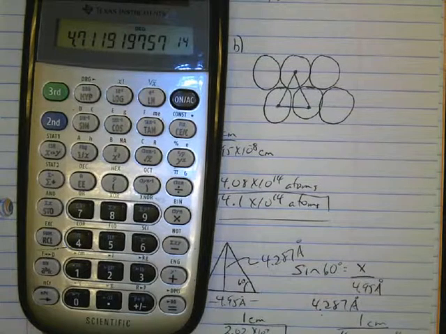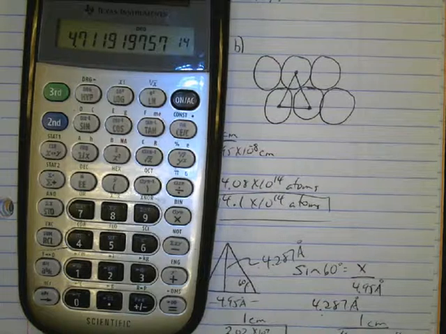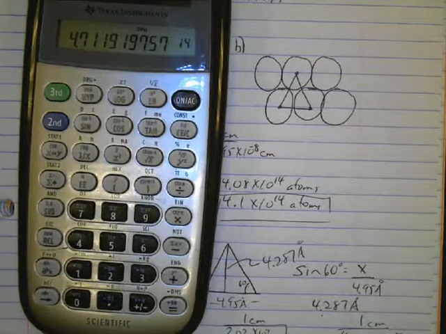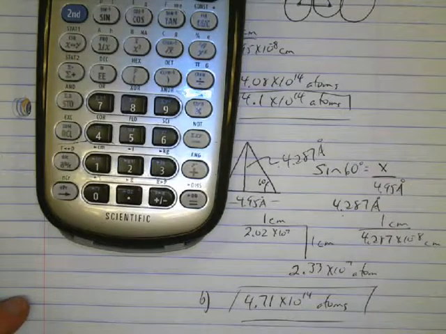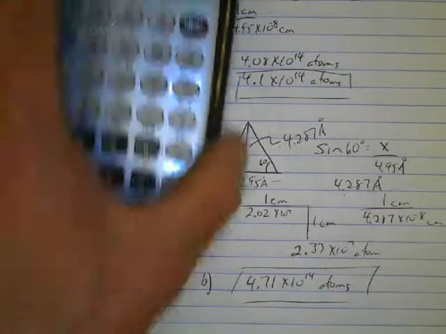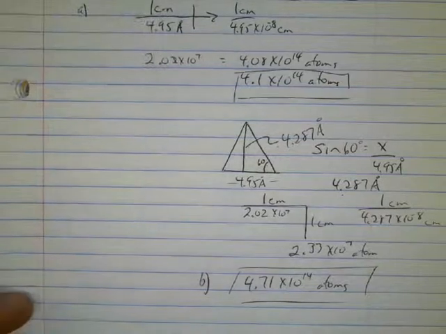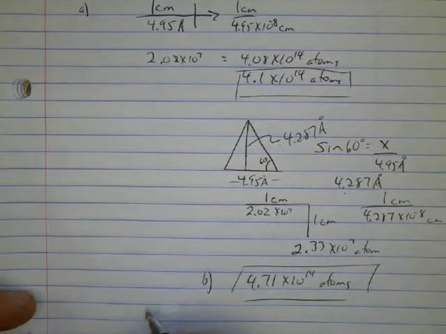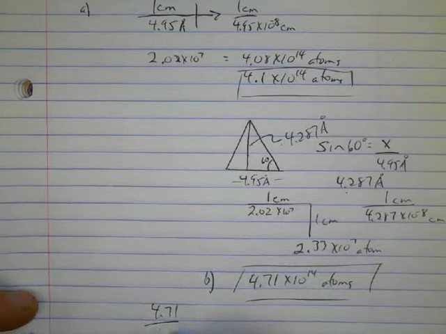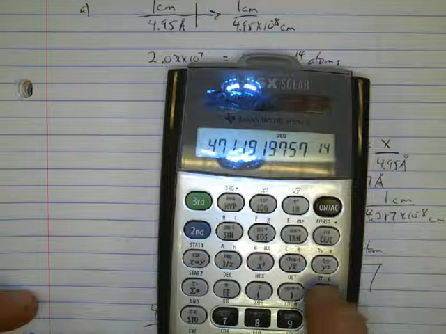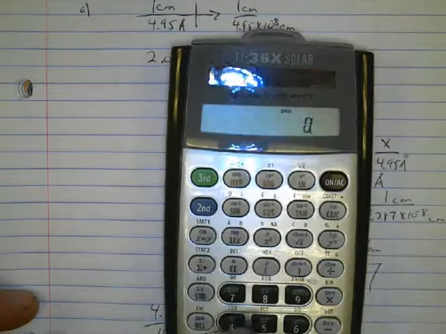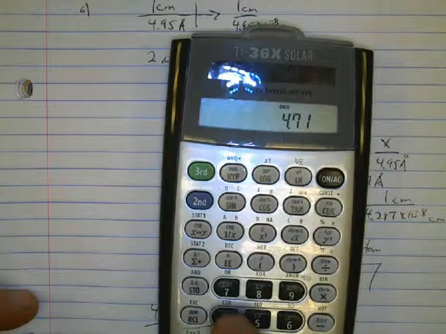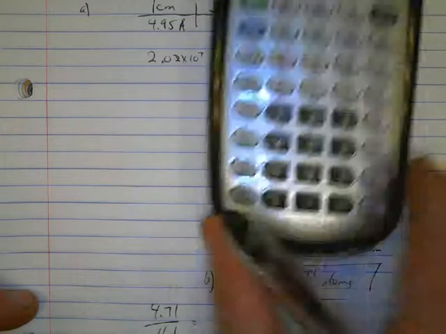The question in the next part is, by what factor is this increased? Well, that means 4.71 divided by 4.1, which is equal to 1.148, 1.15 basically.